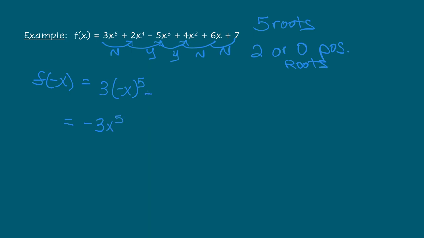And then I'm going to have plus 2 times negative x to the 4th. An even exponent is going to make that a positive x, so that's going to remain a plus 2x to the 4th. And then I'm going to have minus 5x cubed, or negative x to the 3rd.